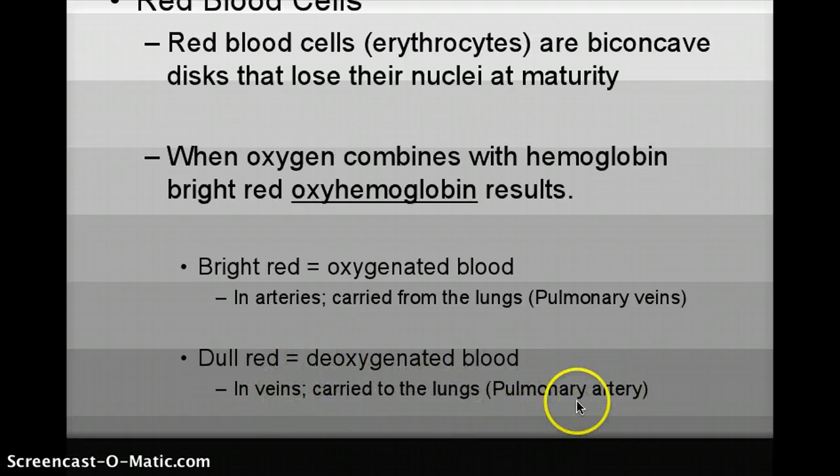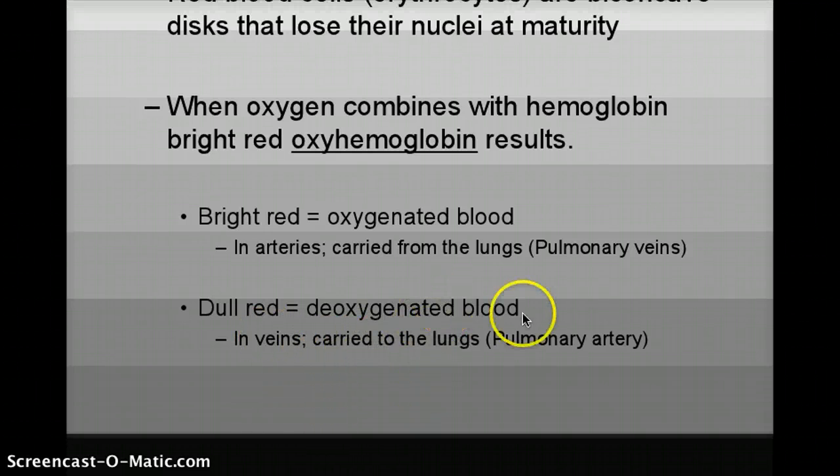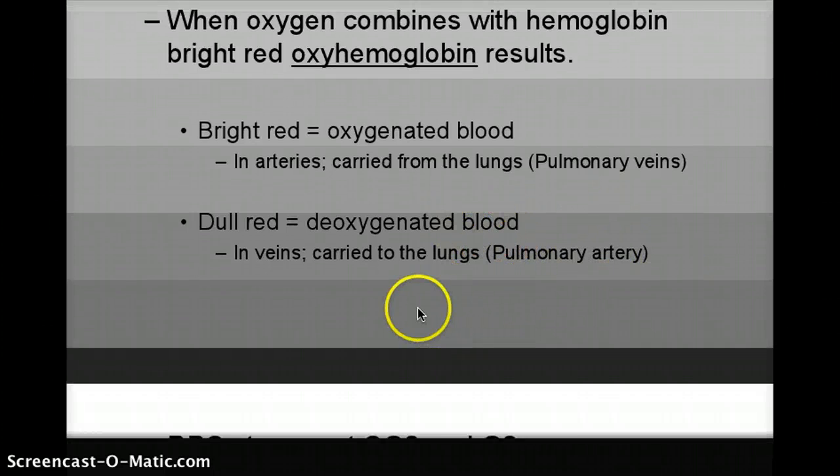All veins are going to be carrying deoxygenated blood, except for the pulmonary vein. Okay, and there's only one artery that will be doing the same thing, that carries deoxygenated blood. That's being the pulmonary artery.